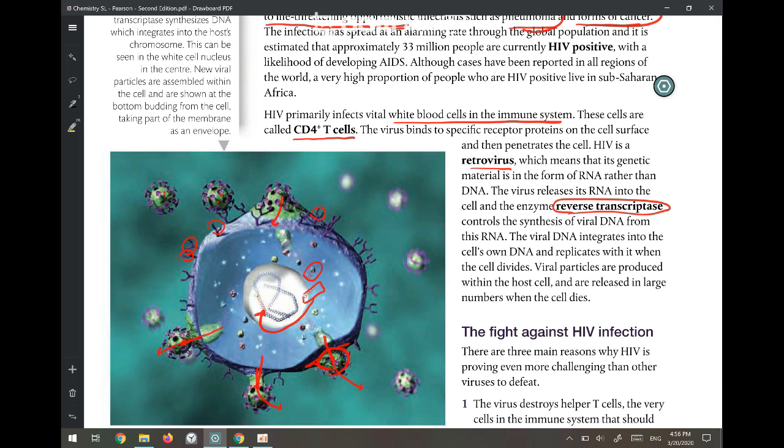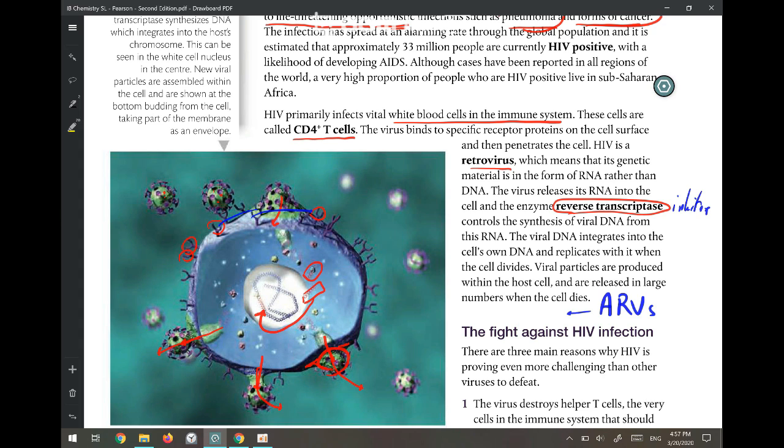For treating HIV, we have some drugs which we call antiretroviral drugs or ARVs. So how do these antiretroviral medicines work? They can act in four stages. The first one blocks here, so it prevents the virus from attaching to the surface of the cell. The second type of ARVs are reverse transcriptase inhibitors.